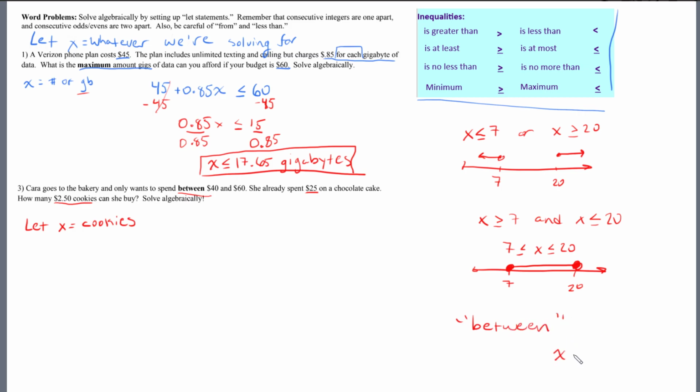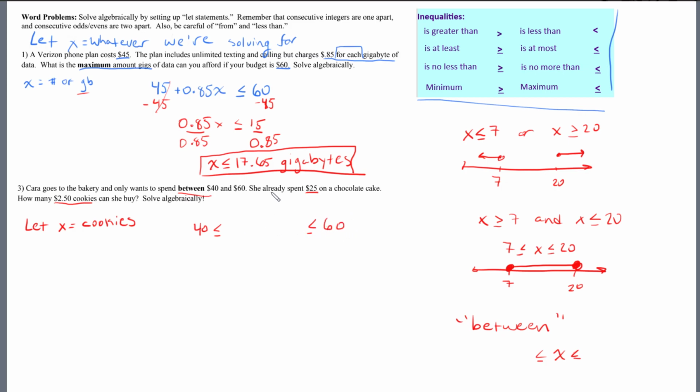Okay, you're going to have x in between two values. Now think about, is it going to be less than or equal to or just less than? Since she can spend $40 or $60 exactly, it's going to be less than or equal to. So we know that she could spend as little as $40 or as much as $60.